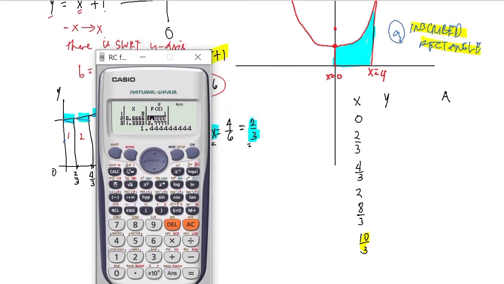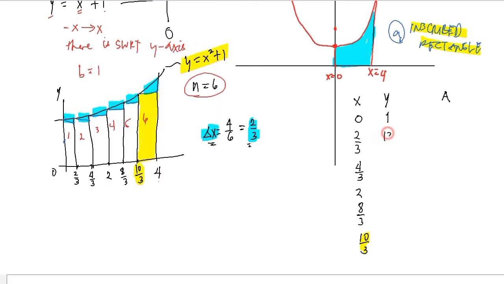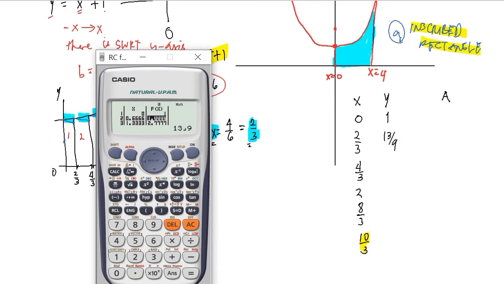Nakadecimal pa pala ito. Pindutin lang natin yung SD para ma-convert natin yung yan into fraction. So, 1.444 is 13/9. And for 2.77, that is 25/9.